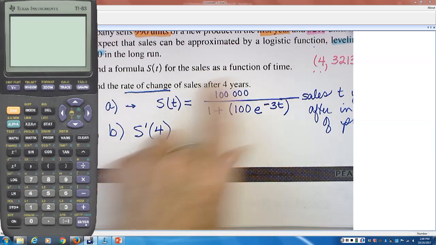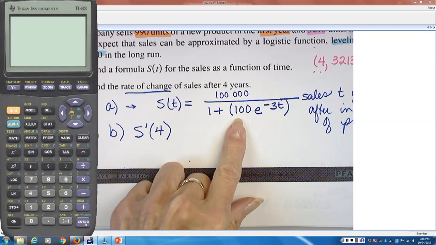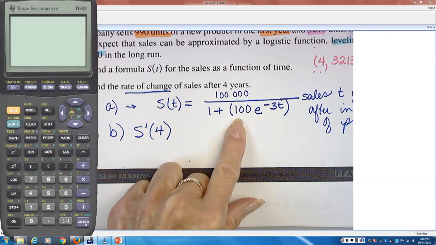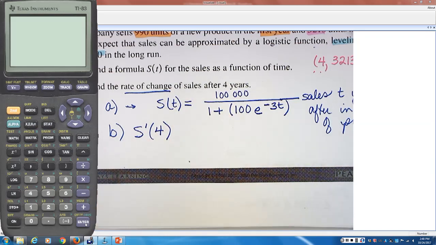Now, I'm sure everybody in here could take that derivative. But since we're going to have to take the derivative and plug in a number, because you've already done one example taking this derivative, and it was ugly, I'm going to show you a nice way that you can get around having to work quite so hard to be able to finish it up.